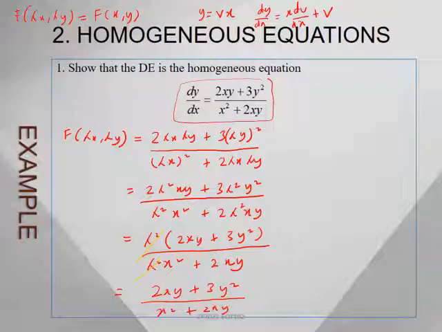If you look carefully, this is exactly the same as the original equation given, the general equation given. So here we can write it as f(x, y), because it's the same. So we say that this equation is homogeneous.